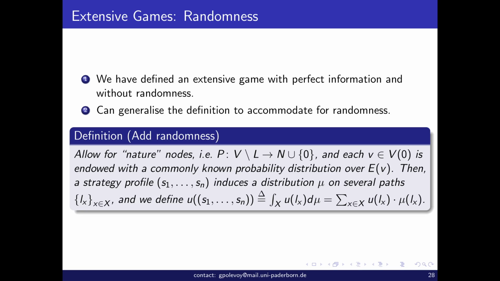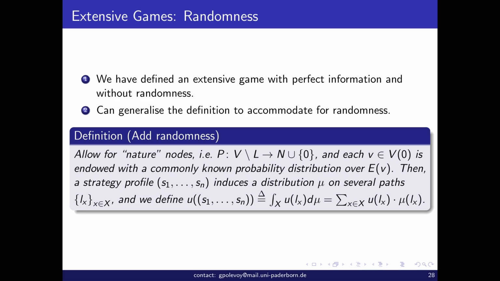That means basically that it can say that some of the players play, or it can say now it's the turn of nature to play, and nature here chooses one of the children of this node with a probability distribution given in the definition of the game.